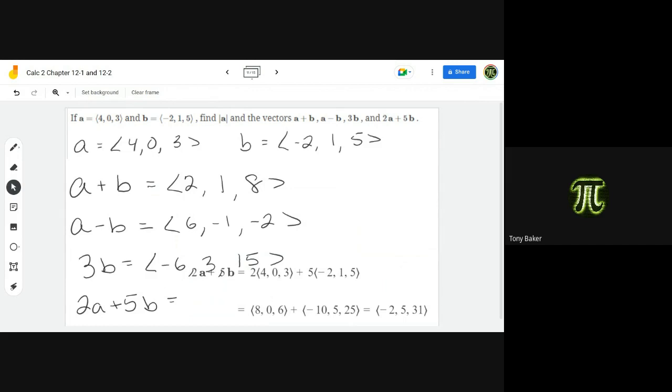If you have a vector with parentheses around it, it's giving you the terminal and initial, and you've got to change it into the standard vector. If it's in this form with triangular brackets around it, then it's in vector form, and you assume that that's your terminal point going from 0, 0. Okay?